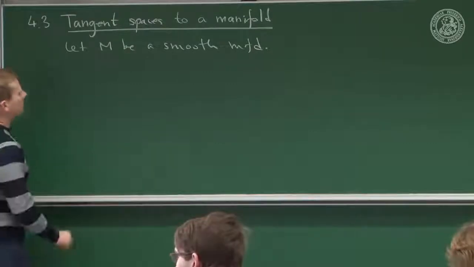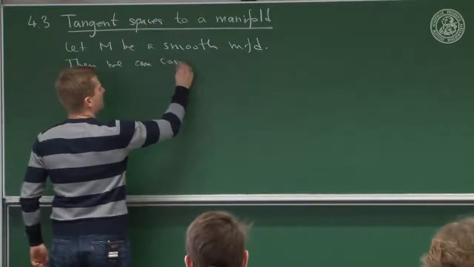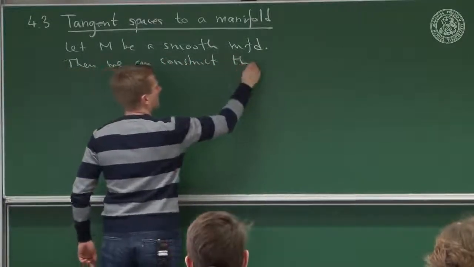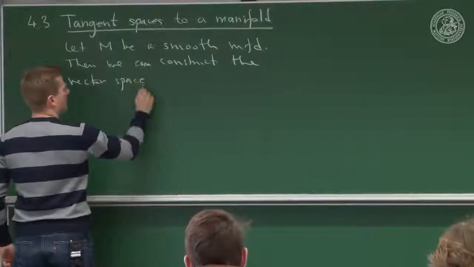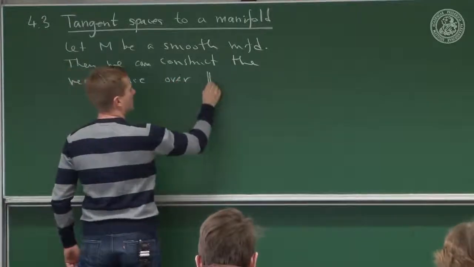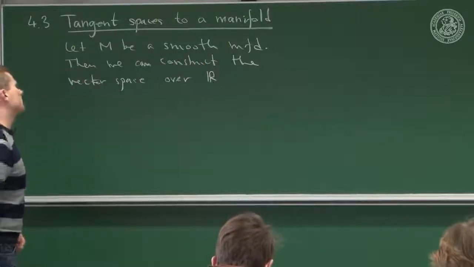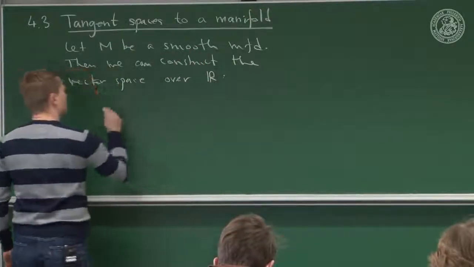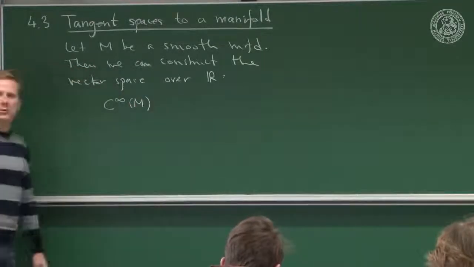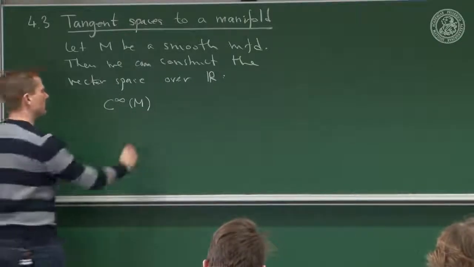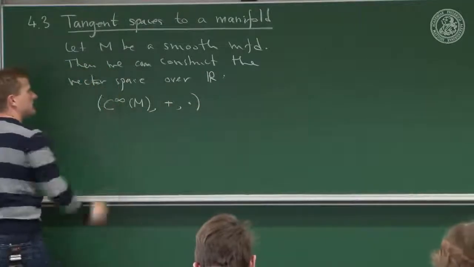So let M be a smooth manifold, then we can construct a vector space, or the vector space, over R, so over the real numbers, because we're looking at smooth real manifolds, whose underlying set is the set of all smooth functions on the manifold, and it is equipped with an addition and a scalar multiplication.